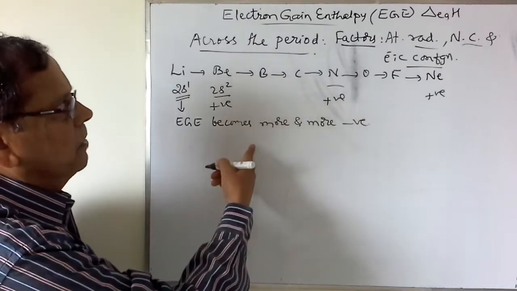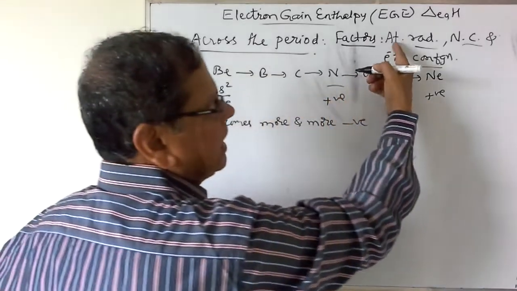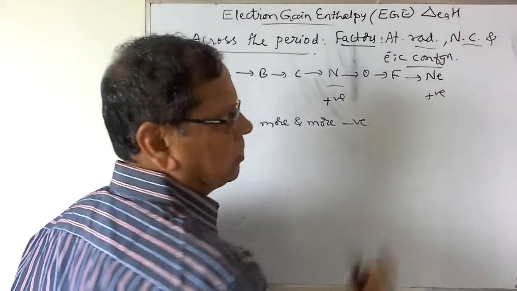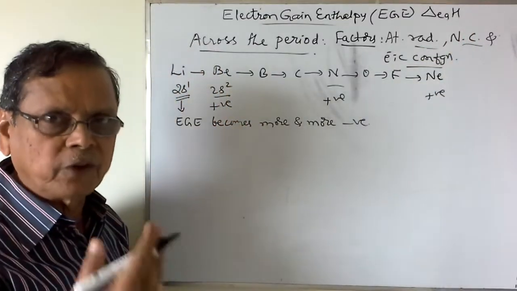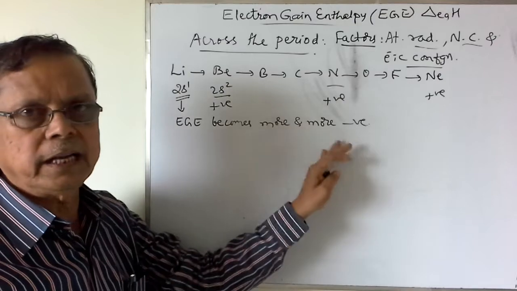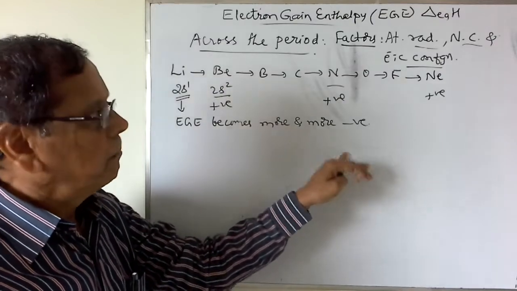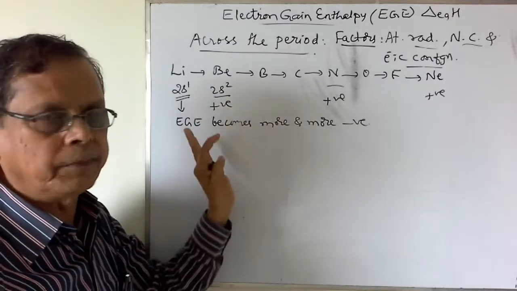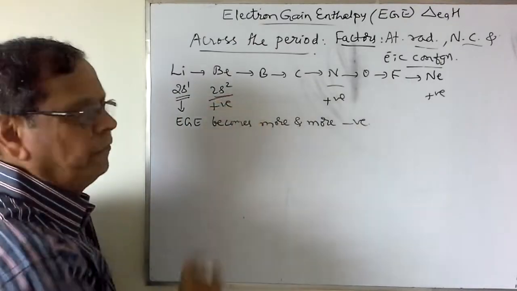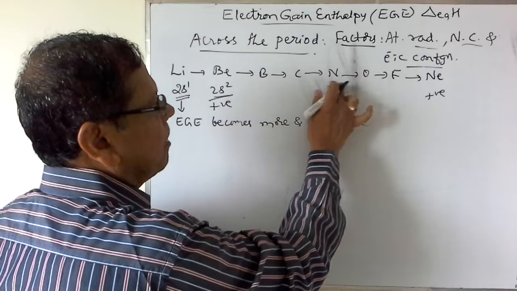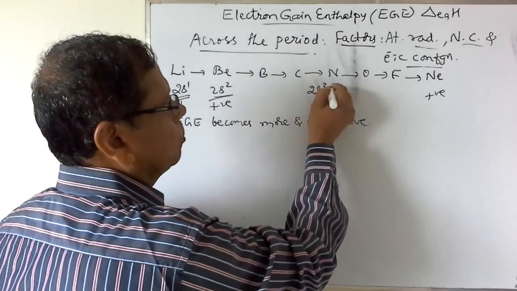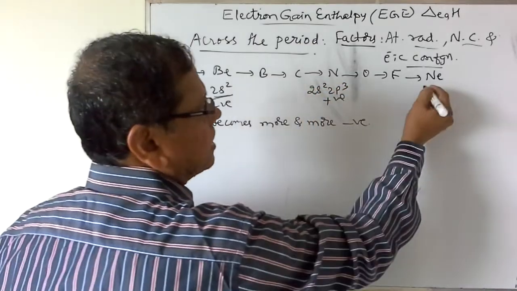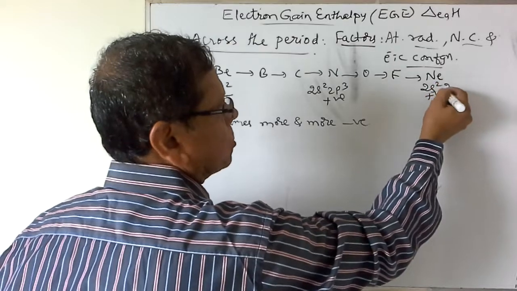It is because of the decrease in the atomic radius and increase in the nuclear charge, which favor the electron gain enthalpy becoming negative. But in case of the electronic configuration, when it is half filled or completely filled: in this case it is completely filled, in this case it is half filled, 2s2, 2p3, and in this case it is completely filled again, 2s2, 2p6.